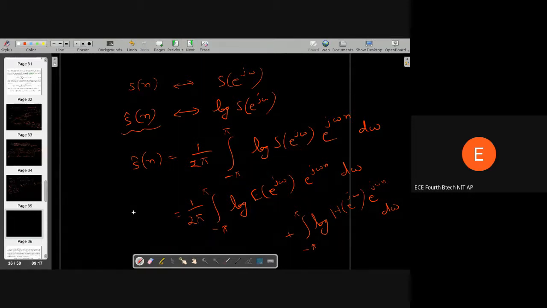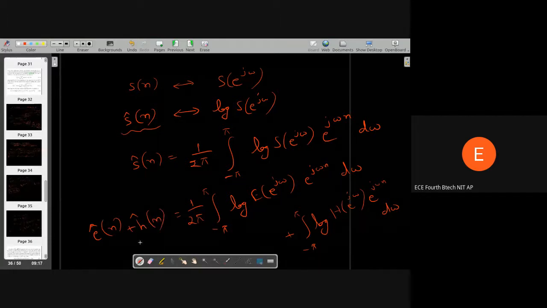So there is one part. So you can say this S hat n is something like E hat n plus H hat n. It is a combination.